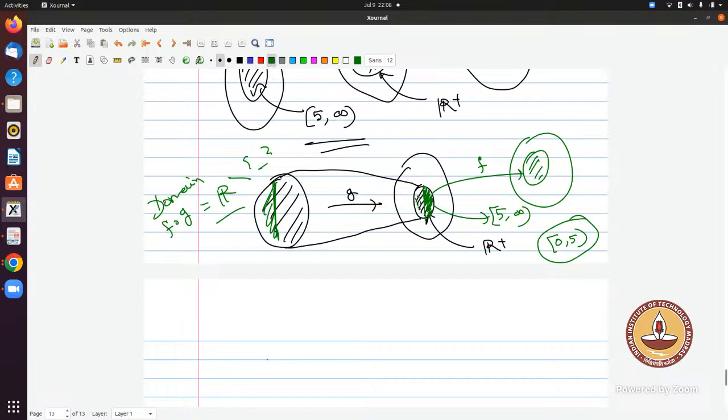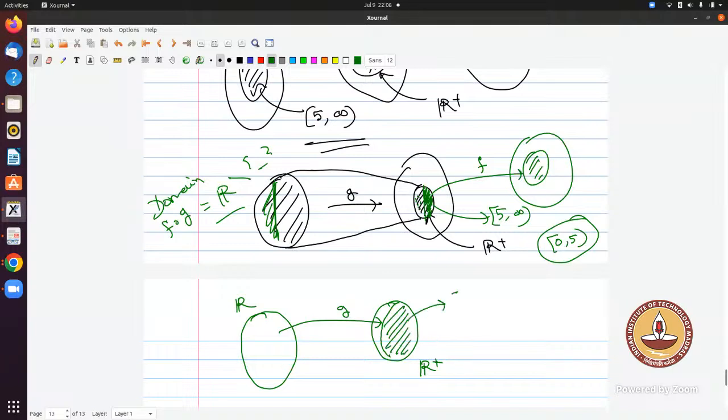My point is G was defined on whole R, right? This was the domain of G. Now when I am applying G on whole R, I am getting R plus as my output. R plus is the range. But F is not applied on the whole R plus. F is applied on a portion of R plus, only this portion, 5 to infinity. On this I can apply F to get some output.